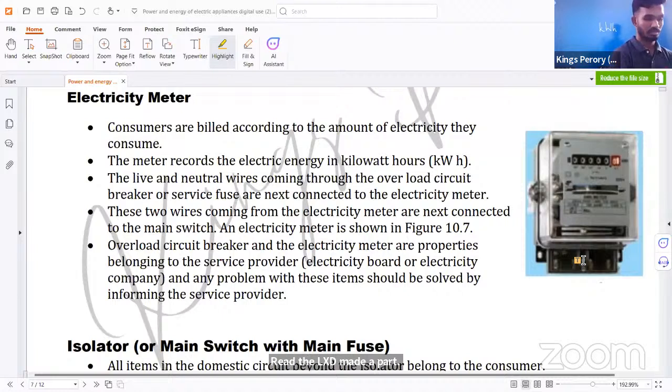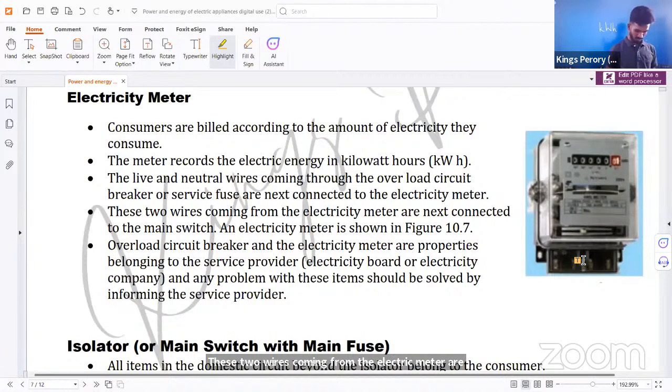Consumers are billed according to the amount of electricity they consume. The meter records the electric energy in kilowatt hours. The live and neutral wires coming through the overload circuit breaker or service fuse are next connected to the electricity meter. These two wires coming from the electric meter are next connected to the main switch.